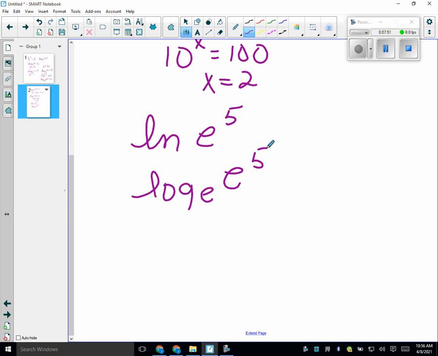Now, when my base and my number are the same, the answer is just my exponent. So what is the answer to this? 5. All right?